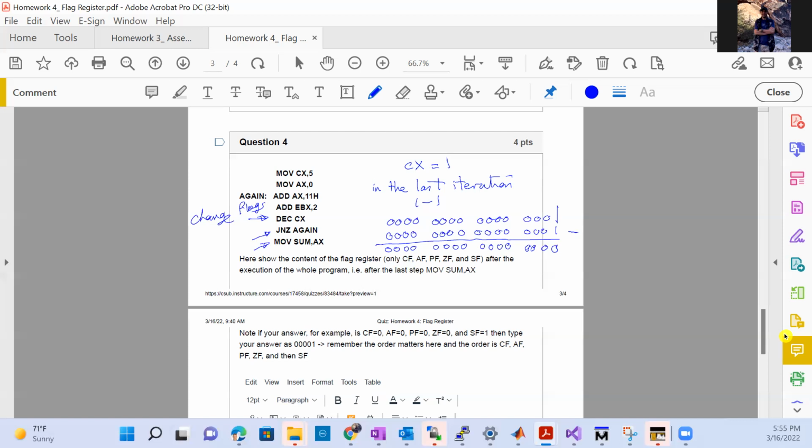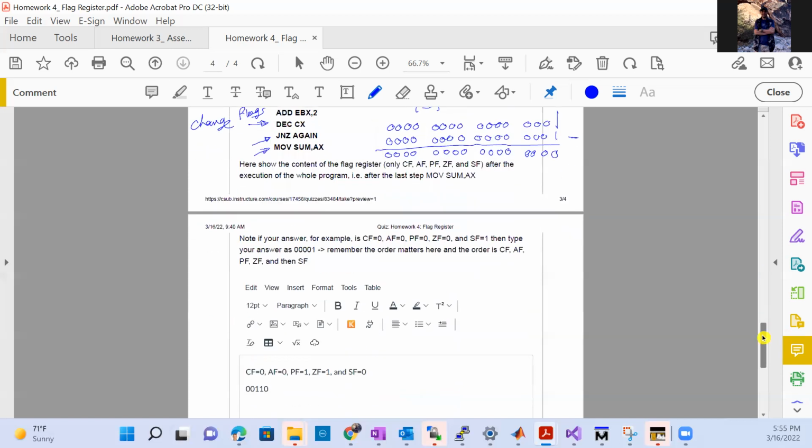Okay, so here there is no carry, so the carry is 0. There is no carry from the 4th bit to the 5th bit, so the auxiliary flag is 0. The number of ones in the first 8 bits is 0 ones, which is an even number, so the parity is 1.